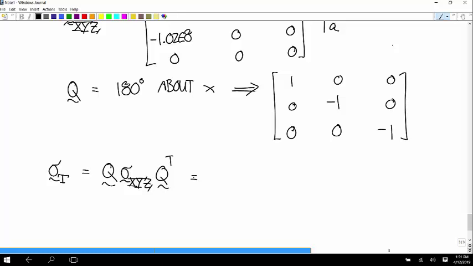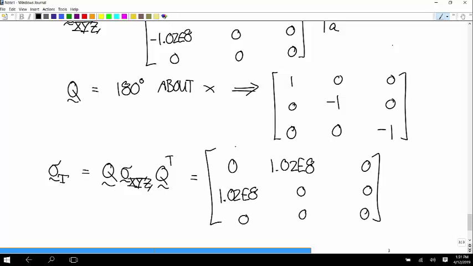In that case all you get is it just flips the signs of these two because of the 180 degrees. You can just plug it into your calculator. You don't have to see that, but pascals.